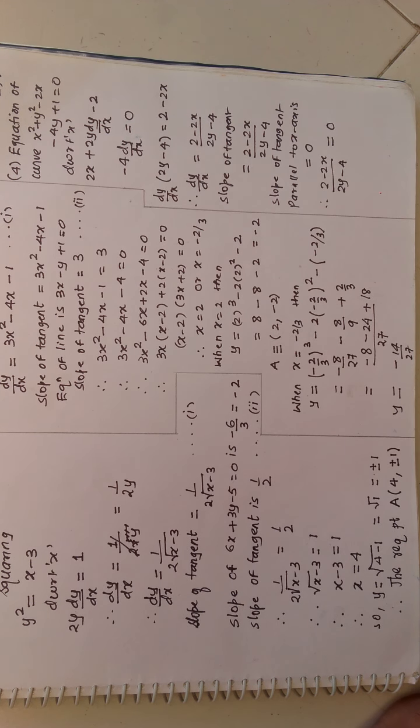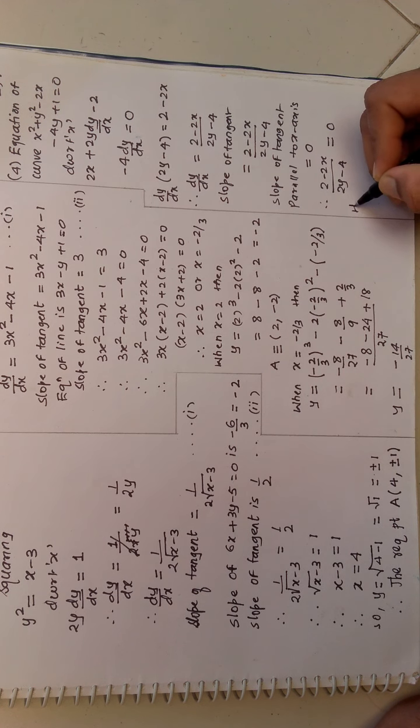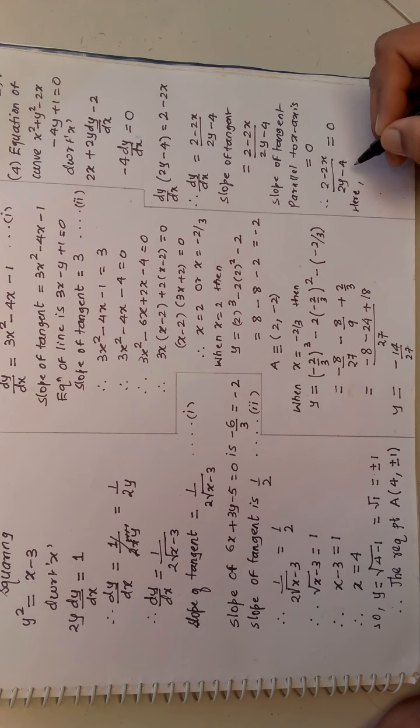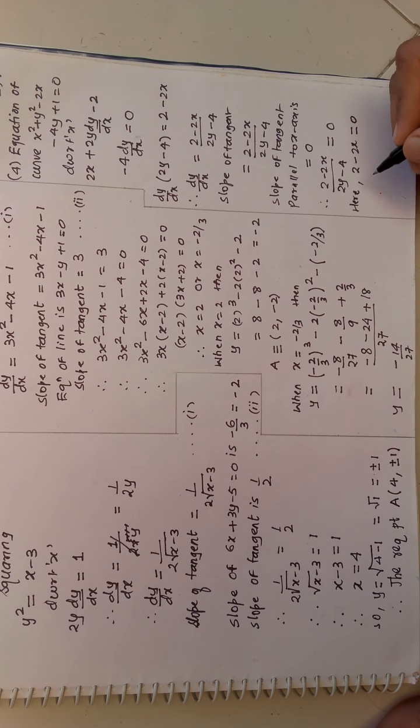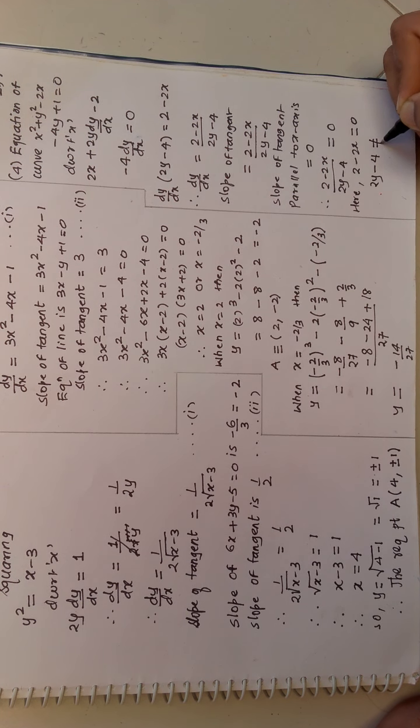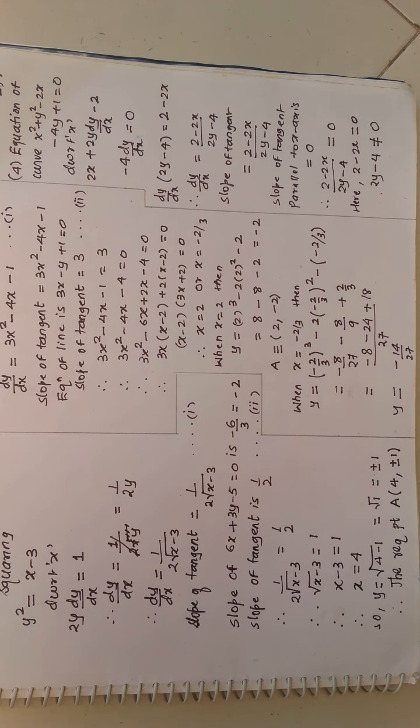So the condition is that 2 minus 2x must be equal to 0, but 2y minus 4 must not be equal to 0. You know why, right? If it becomes 0, then the expression will become indefinite. So 2y minus 4 must not be equal to 0. Now we get the condition that x is equal to 1.